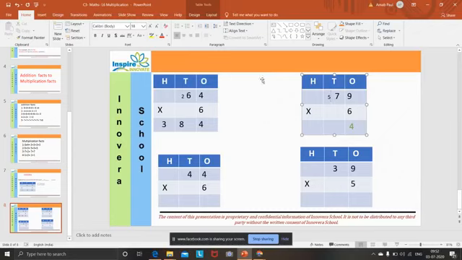Okay, now 7 6s are 42, and if we add 42 plus 5, how much will we get?